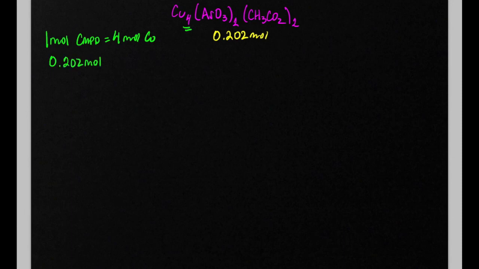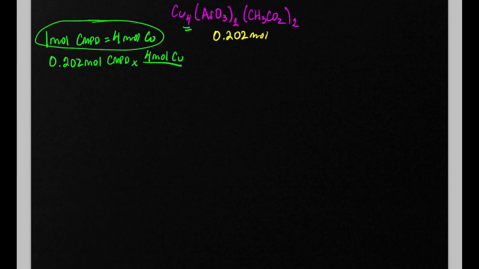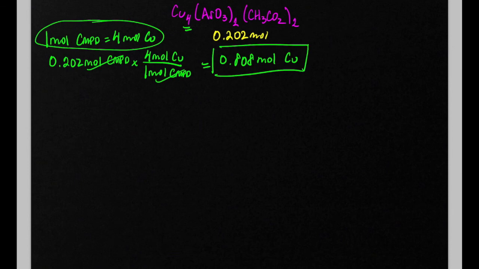So we can convert moles of compound to moles of copper using this equivalency to create a conversion factor. So we want 4 moles of copper on top, and 1 mole of compound on the bottom. Basically we're multiplying that number by 4, because there's 4 times as many coppers as the whole formula unit. So 0.202 times 4 is 0.808. And that's going to be moles of copper.